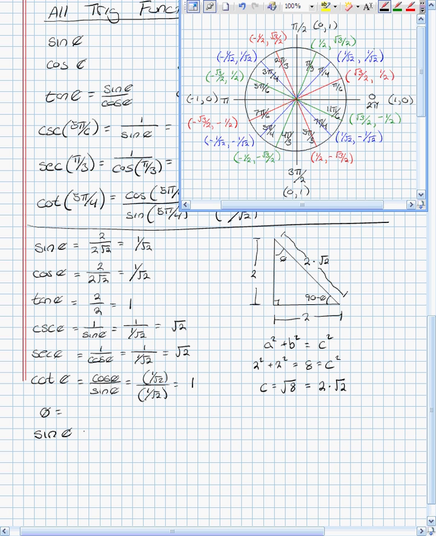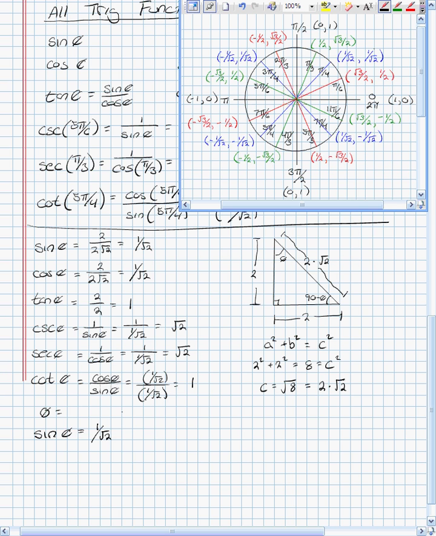So sine theta is equal to 1 over the square root of 2. So if I have this ratio, I have the y-coordinate. And I just need to figure out where that y-coordinate occurs on our angle. So if we look at it, here we go, 1 over the square root of 2.